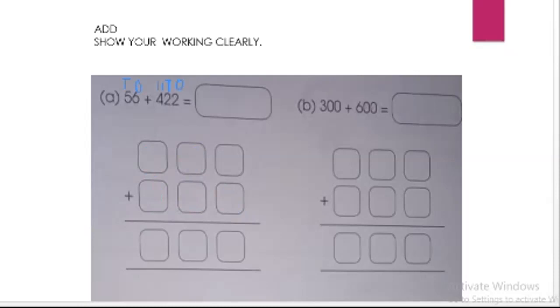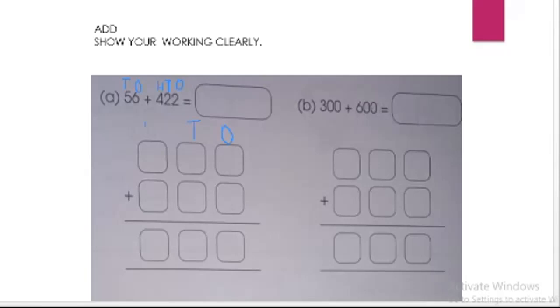I told you in my previous lectures where we start our ones. Do you remember it? I think you guys don't know. Let me review again: you will always start your ones placement from the very right side of your place.